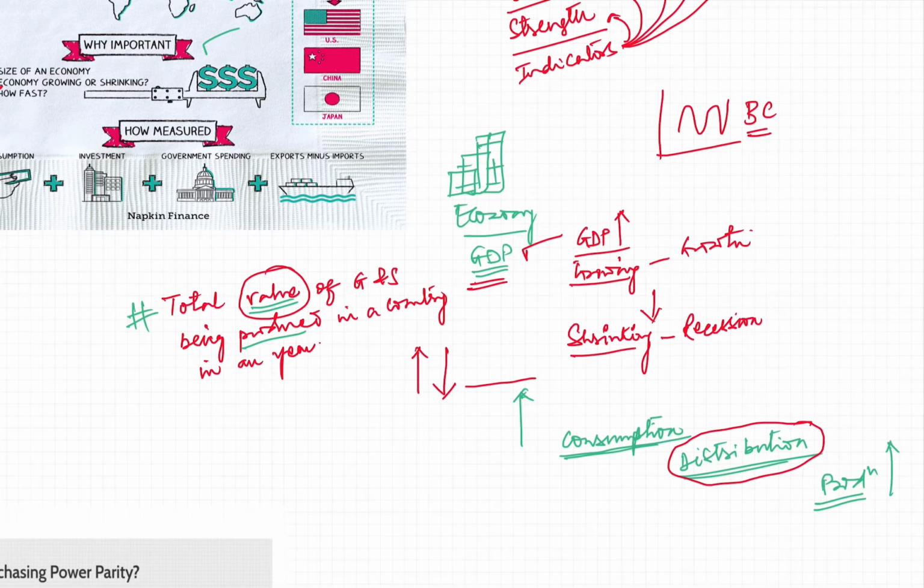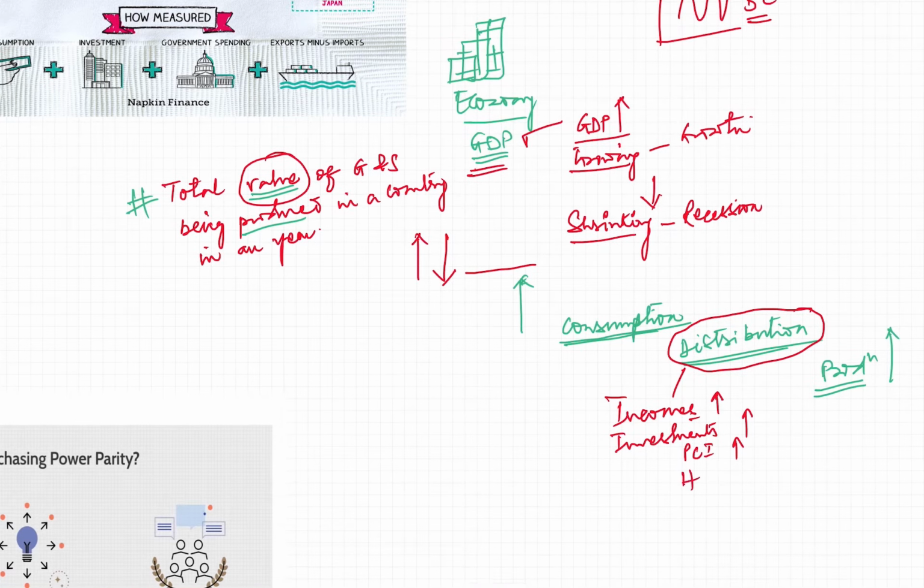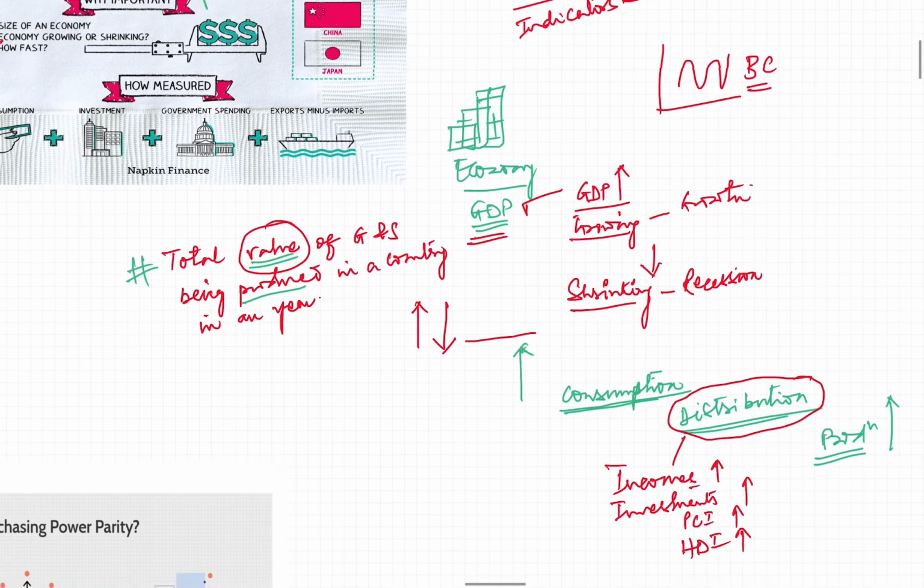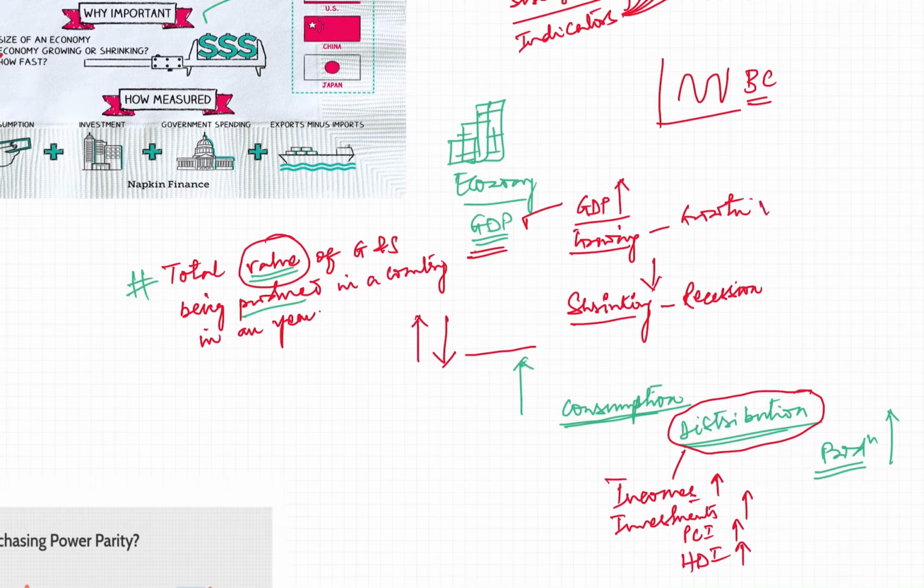Now in distribution, what are the factors that are included? Consumption is growing because incomes are rising, investments are coming, per capita income is growing, Human Development Index is growing. Since all these factors are growing, this contributes to what? This contributes to growth.